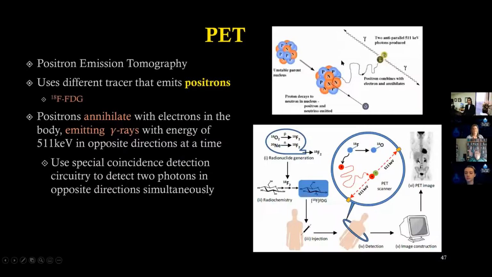And this happens simultaneously. Now you have a detector to capture these simultaneous events. So you time when they're acquired, and because of this timing, this is very sensitive compared to SPECT. In SPECT, whatever photons reach the detectors, you're capturing those signals. Whereas PET is very specific. Only if it captures gamma rays that are 180 degrees apart is the event recorded. So it's very specific.